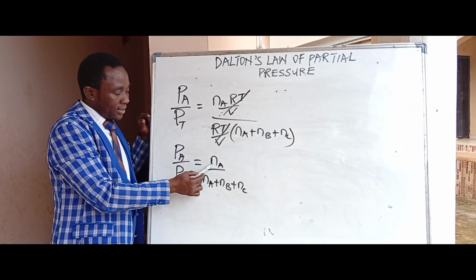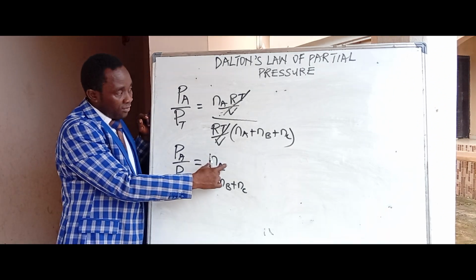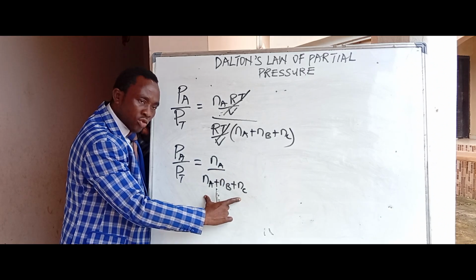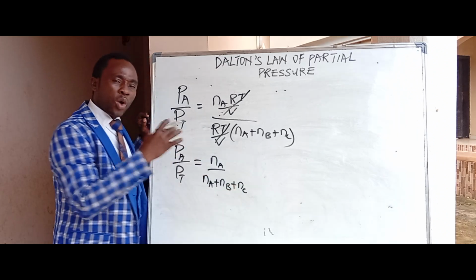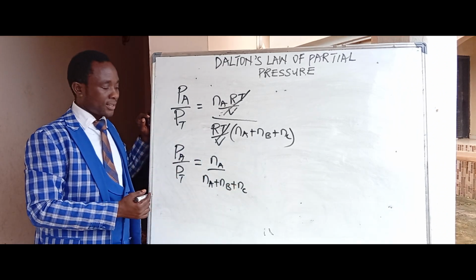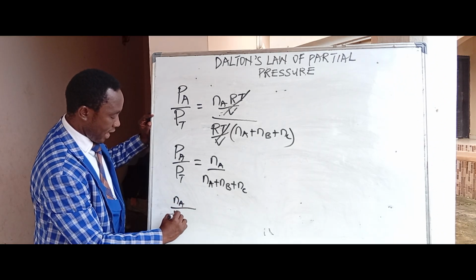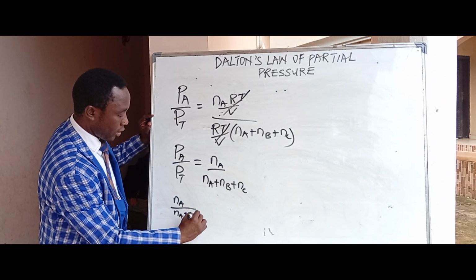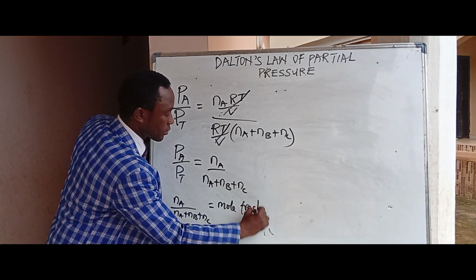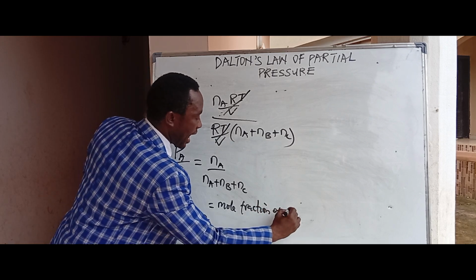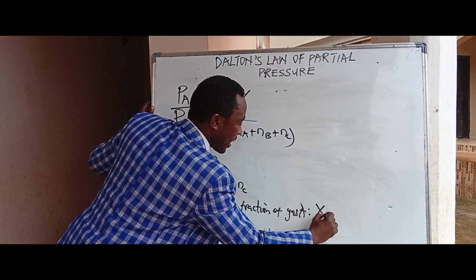Now, look at this. The number of moles of a gas over the total number of moles is what we have here. This is the number of moles of gas A divided by the total number of moles. The number of moles of gas A divided by the total number of moles is what we call the mole fraction of gas A. So remember, Na over Na plus Nb plus Nc is equal to the mole fraction of gas A, and it is represented by Xa.